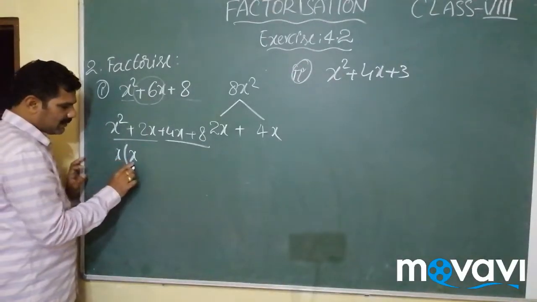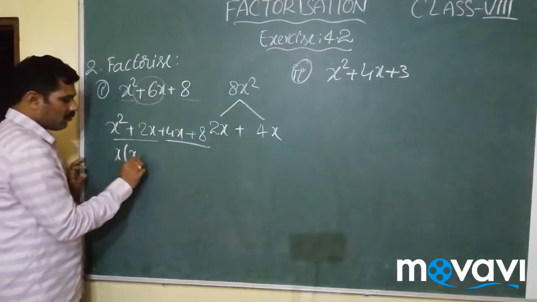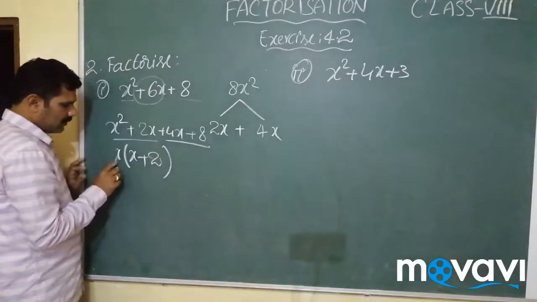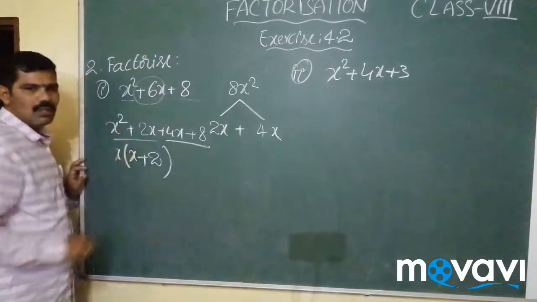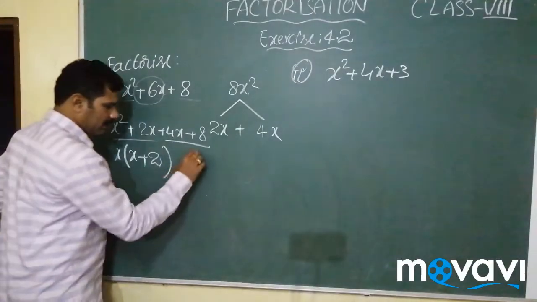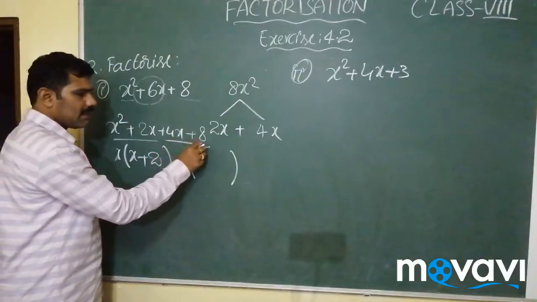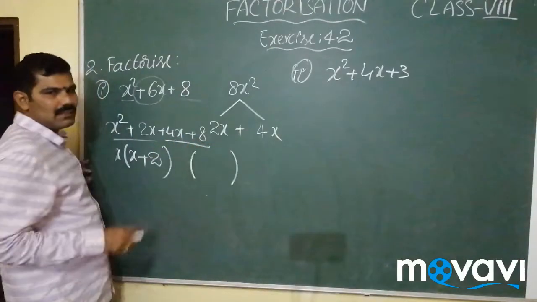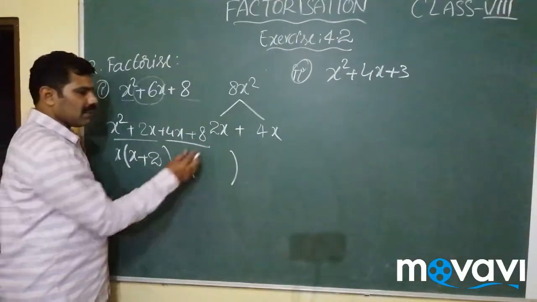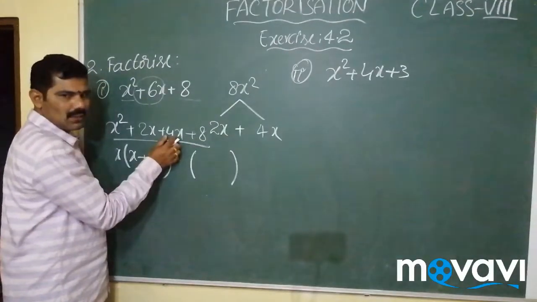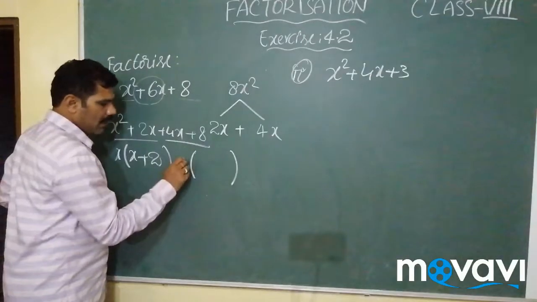Therefore, x into x is equal to x square plus, here in this 2, such that x into 2 will be equal to 2x. Now here I am having 4, here 8. This 8 can be written as 4 into 2, such that in this term there will be 4 and here also there is already a 4. Okay, now I will write here 4.